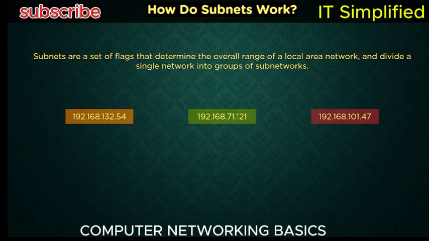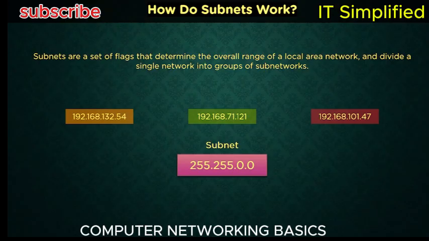For example, the IP addresses that can be seen on the screen right now belong to a subnet that is 255.255.0.0. The first two fields denote fixed values that must be present in every single IP address of every single device in this particular network. In our case, the 192.168 is the consistent factor in every single IP address shown on the screen.